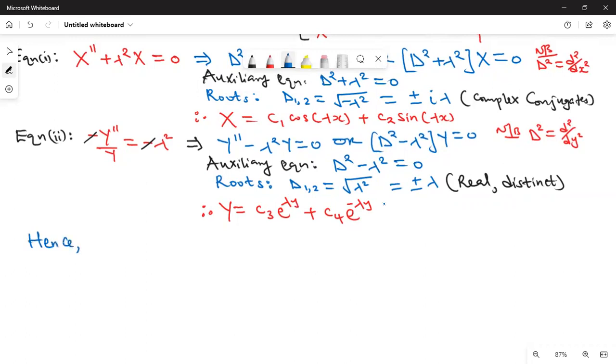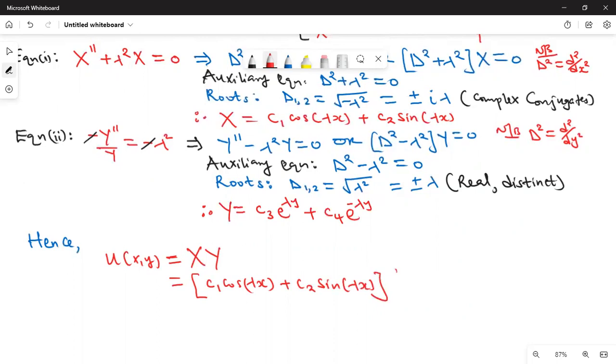Hence, remember we said that u of x,y is equal to the capital X times the capital Y. So we just multiply what is our capital X. We got here as C1 cos lambda x plus C2 sine lambda x, times the other one we have, C3 exponential lambda y plus C4 exponential negative lambda y.